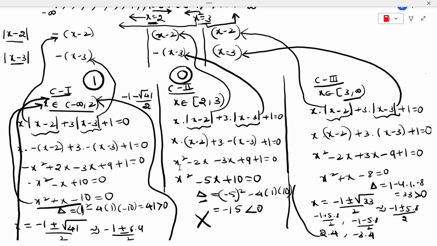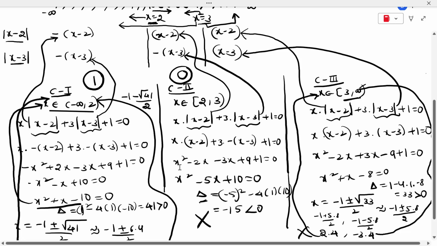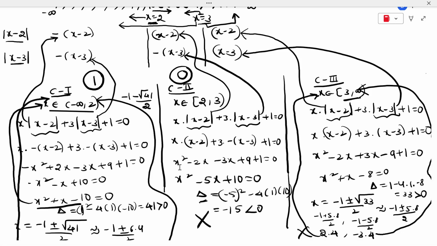Is your 2.4 a valid root? No, it is less than 3. But the root should be more than 3, that is 3 to infinity. So 2.4 is not a valid root. Is minus 3.4 a valid root? No, because minus 3.4 is less than 3, but the root should be x belongs to 3 to infinity.